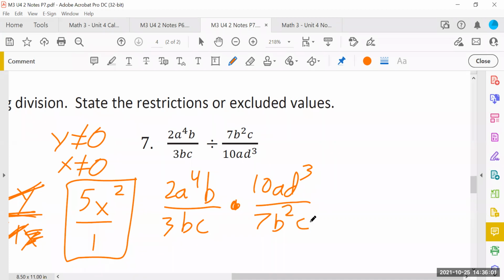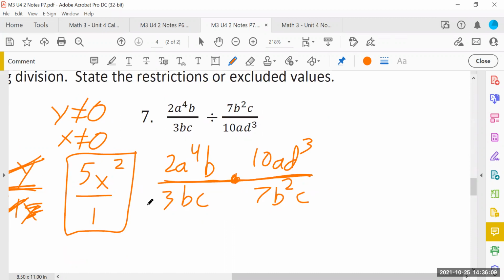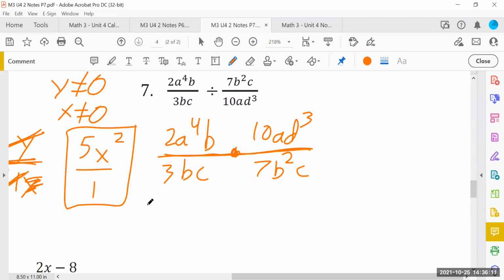And now it's exactly like what we were doing on the front side. It's just a multiplication problem. Make it all one big fraction. Now, do you see anything that's on the top and the bottom of this fraction right now? Only one thing. There's a b on the top and the bottom. B over b is just 1. So I'm left with 2a to the 4th.